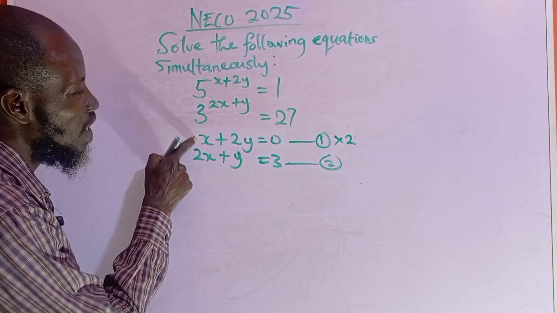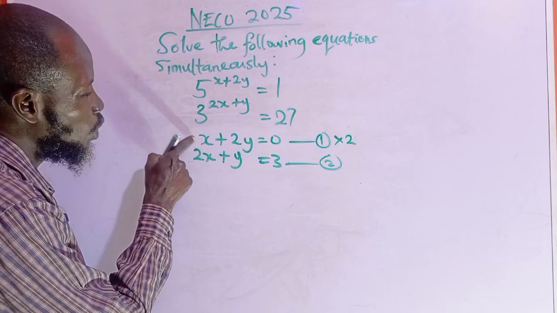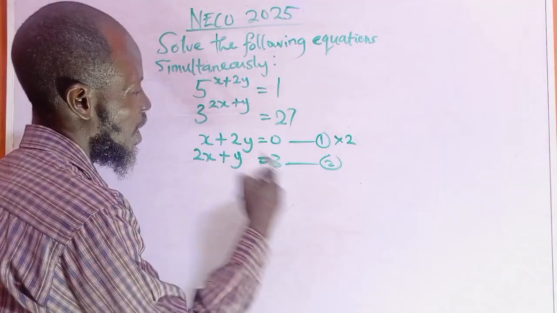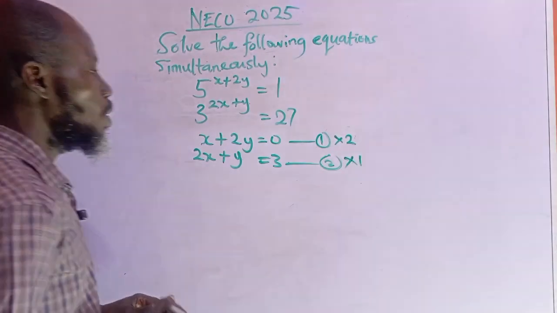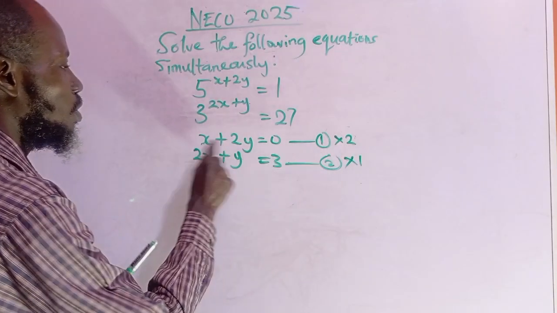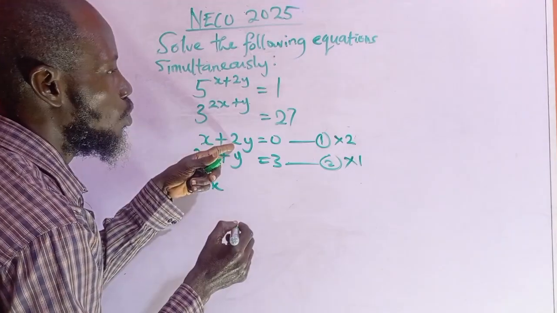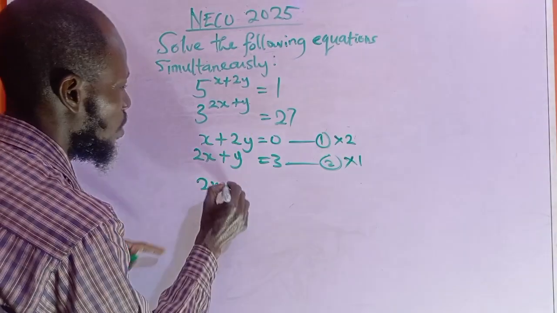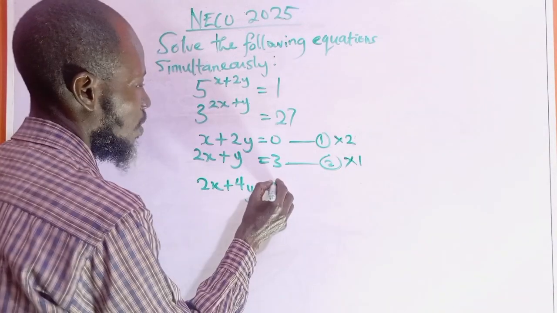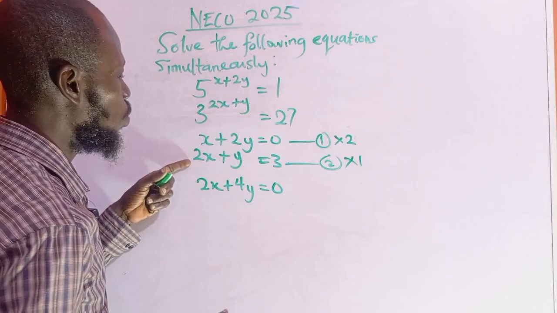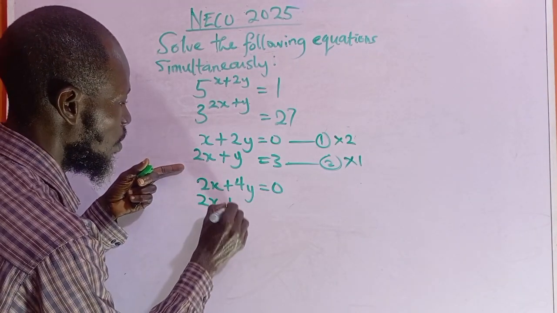The coefficient of x in equation 1 is just 1, so equation 2 will be multiplied by 1. So this times all this, we have 2x, then 2y times 2 gives us 4y, then 0 times 2 gives us 0. For equation 2, multiplying by 1, we have the same thing.